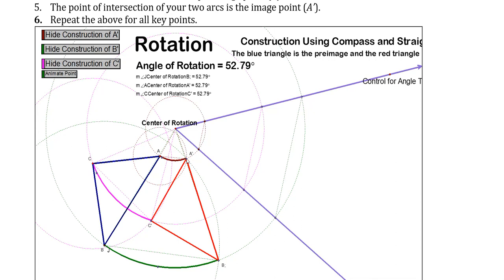Why does it work? Well, all these distances from the center to any point on the circle are all the same, so those are all congruent. And we've made this third side of our triangle congruent to the distance here. So this triangle, A, center of rotation, A prime, versus this point to the center to here, make congruent triangles.